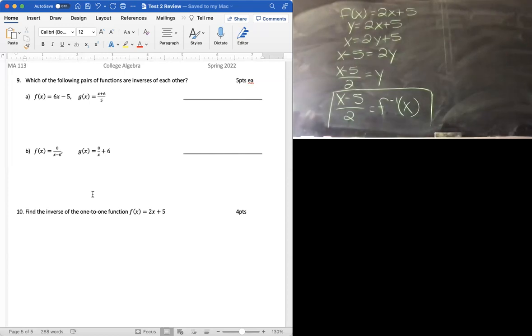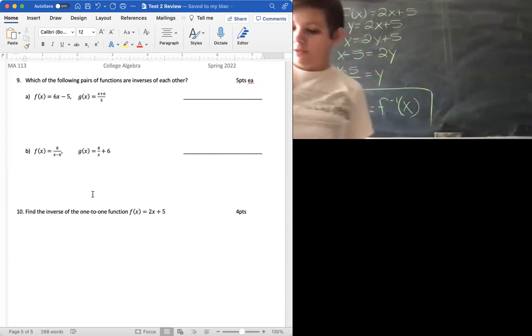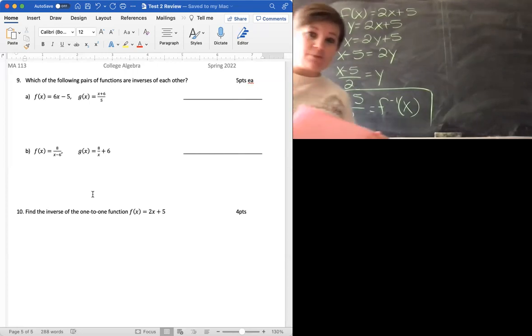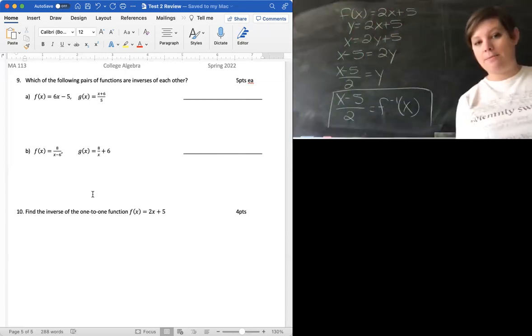That helps too. So that's how you find the inverse function. And that is the last problem on the practice exam.